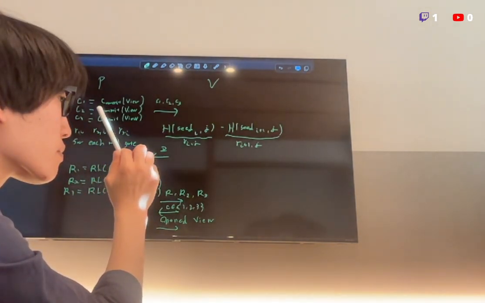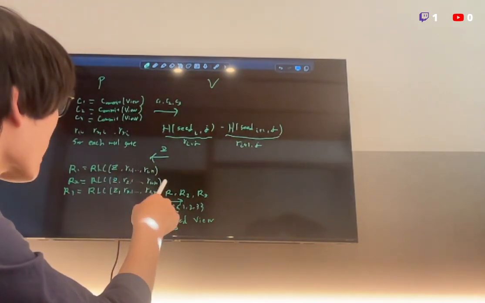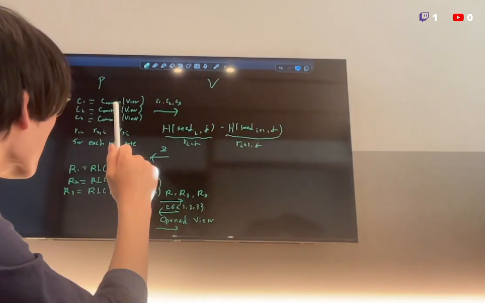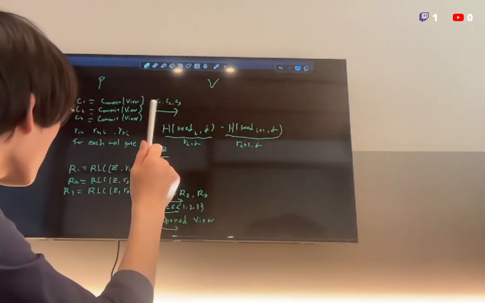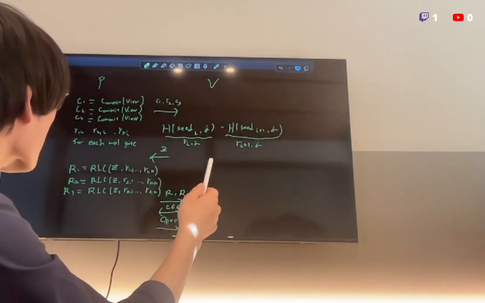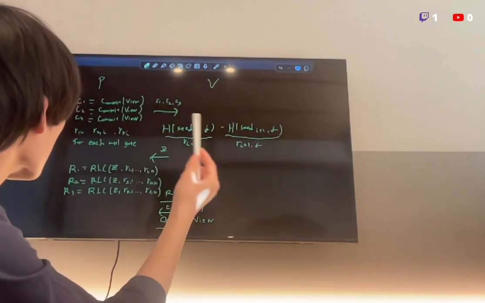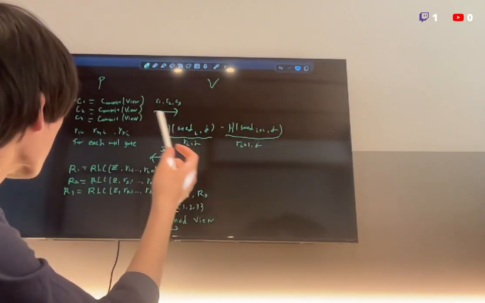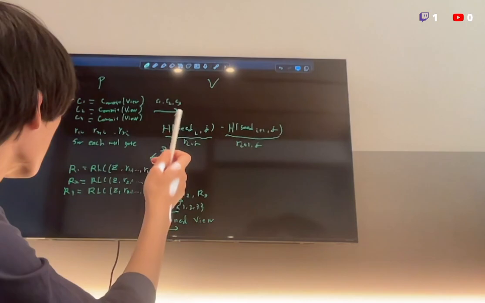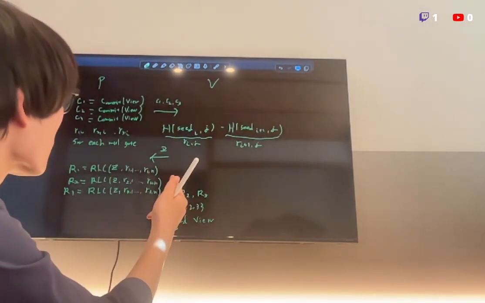But the problem is you need to open 2, not just 1, right? Yes. So the prover opens two of the randomness and one of the views, and it can recompute one of the remaining two views. So it can recover at most two players' views.